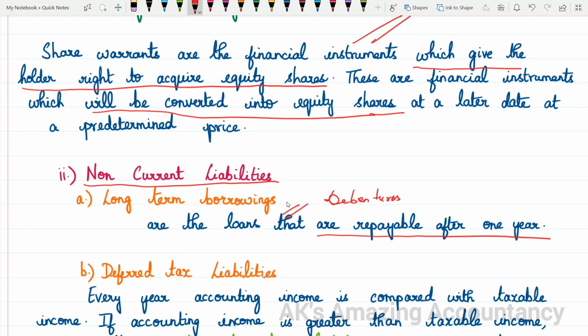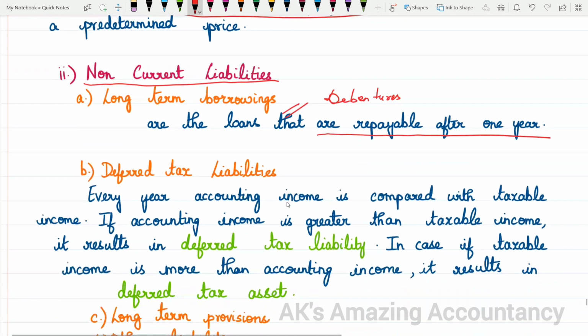Okay. And then you may be having deferred tax liabilities in some of the problems. So you should know what is meant by deferred tax liability. Every year the accounting income is calculated and compared with the taxable income. If the accounting income is greater than the taxable income, it will be regarded as deferred tax liability and it will come under non-current liability.